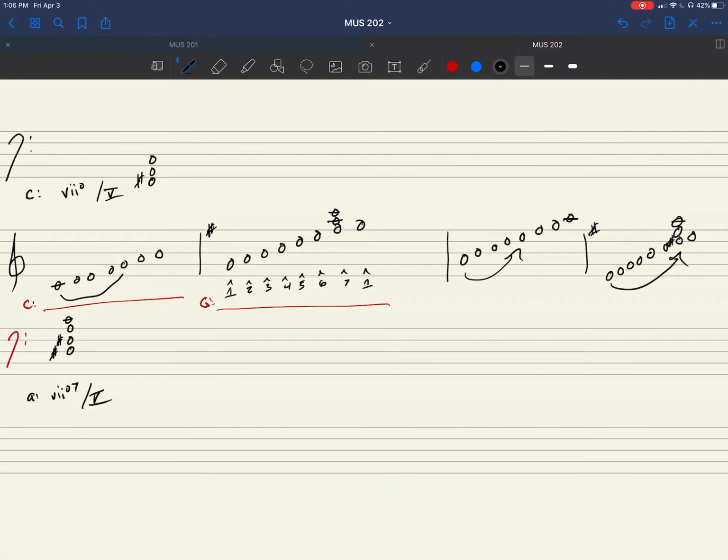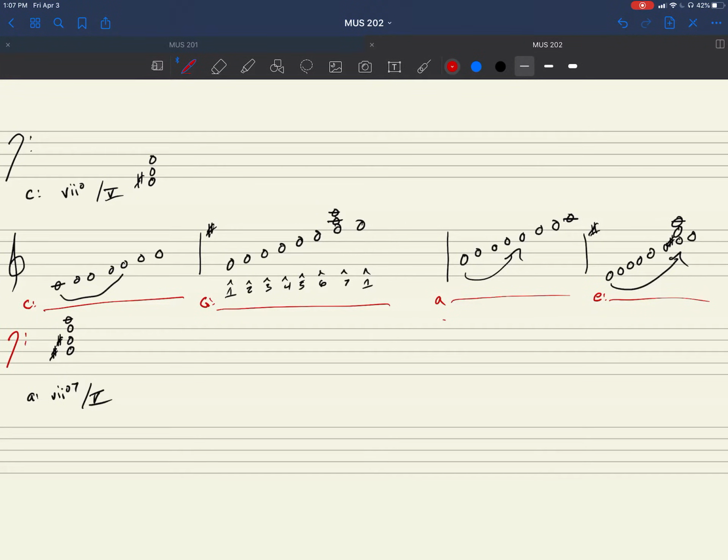So you can do this in any key. You can do this with major, you can do it with minor, you can do it with a 7th chord, you can do it with a triad. There's lots of ways to do this, but this is the basic process that you should use. Again, just write out your primary key scale, A minor. And then when you write out your 2nd scale, the tonicized key area, essentially is what we're doing, then you need to write it in minor as well.